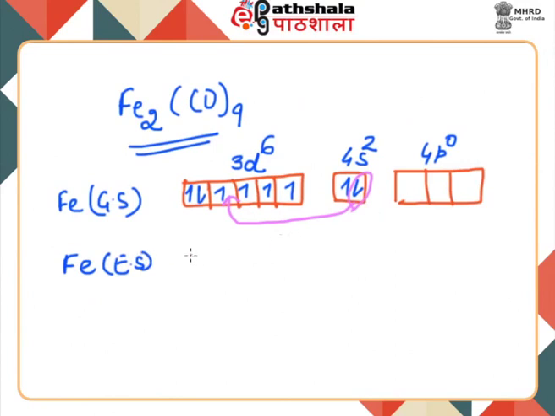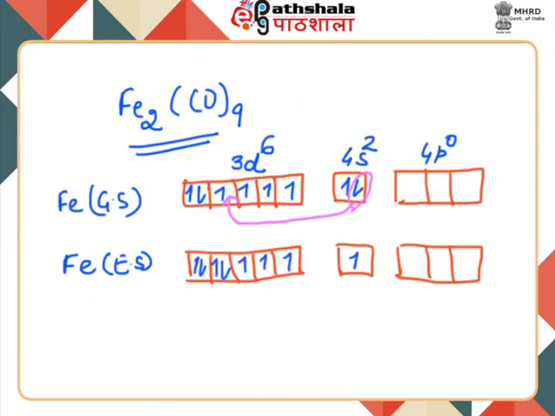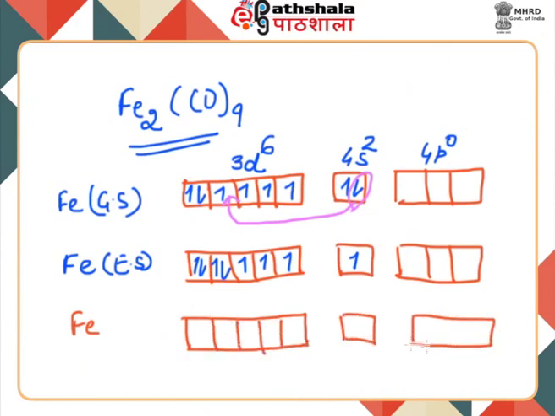Iron has this electronic configuration. Similarly, we can write the electronic configuration of the second iron, as there are 2 iron atoms which are involved here. So here also it is the same.